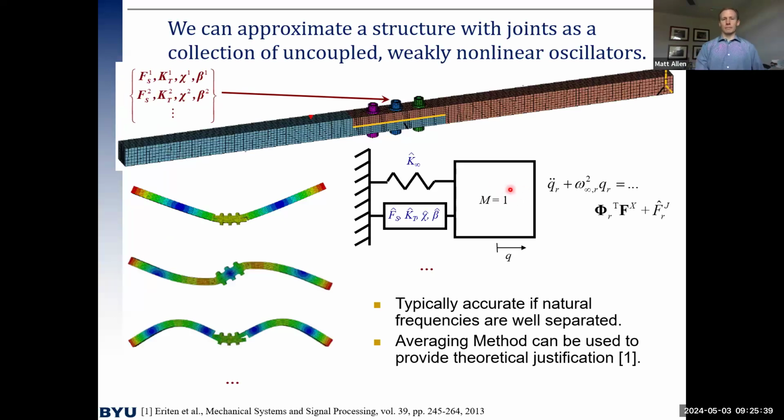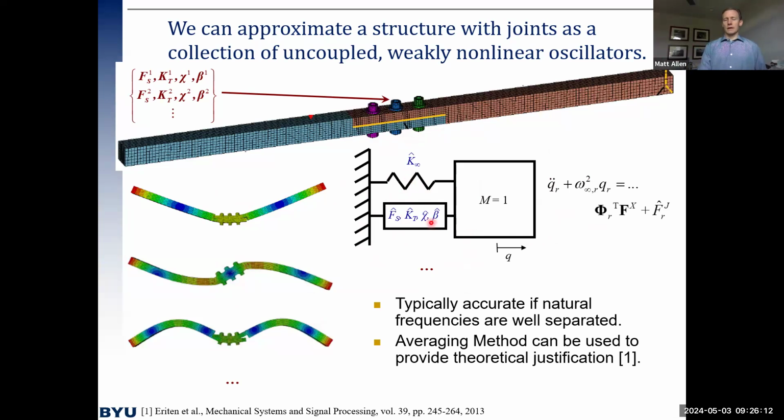Okay, so in this case, for example, the Brake-Royce beam or any structure that has a certain number of joints in it, often we can look at each mode of the structure, first bending, second bending, third bending, something like that. We can take each mode and express it as a single degree of freedom mass spring system with an Iwan element in parallel with the spring that provides the damping and that provides this behavior that we've talked about.